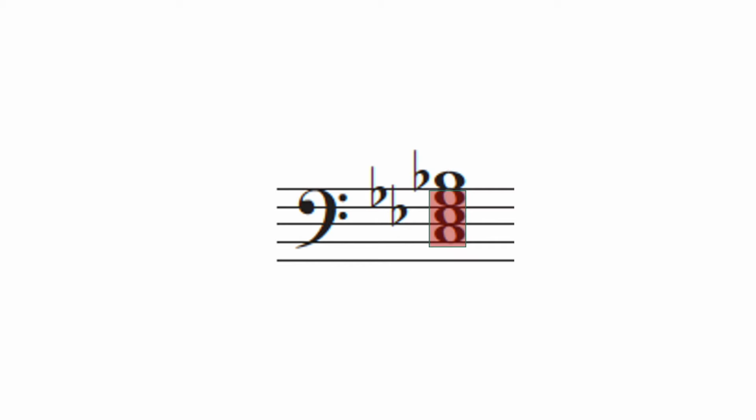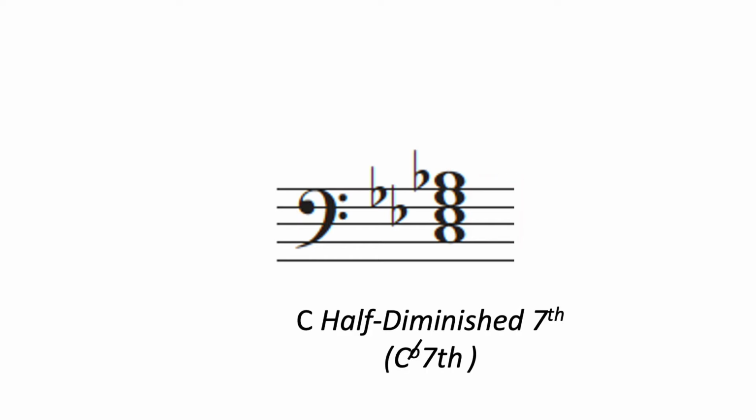The interval of the seventh still remains the same from before, a minor seventh. So we call this a half-diminished seventh because only part of this is diminished, and that's the triad itself. The seventh still remains minor, so half-diminished seventh.